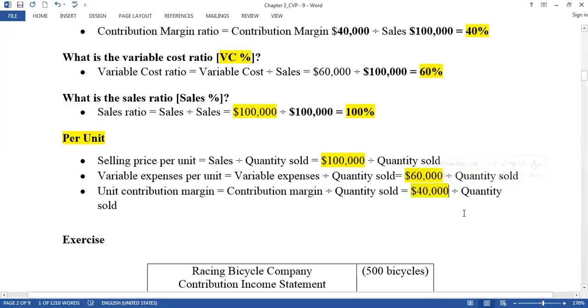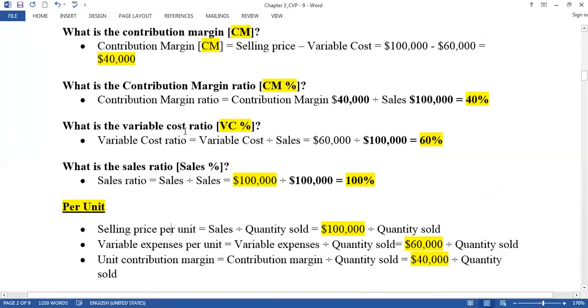If we want to calculate the per unit, we should divide by the quantity sold, which is common for every case. So sales divided by quantity sold, variable cost divided by quantity sold, contribution margin divided by quantity sold. If we do this, we can calculate the per unit.